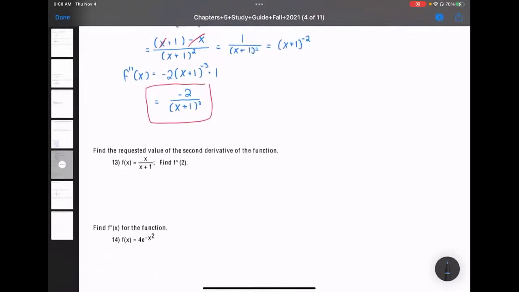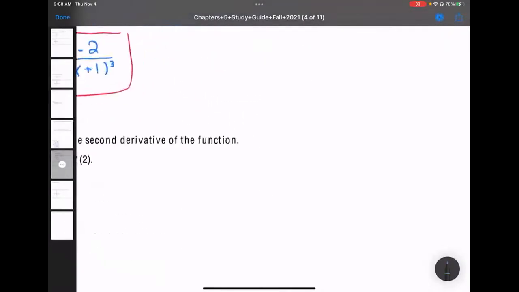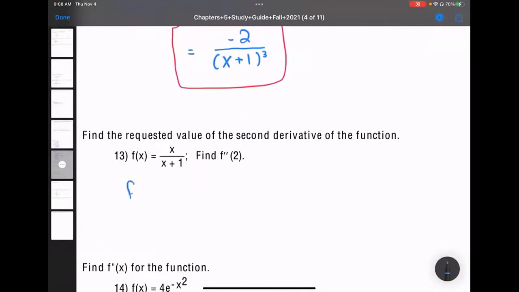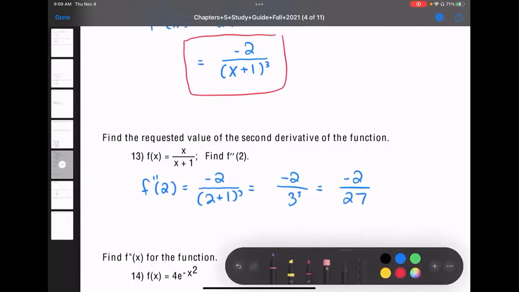So the double derivative we've already found. We're just going to plug it in. Okay, so we have -2 over (2 plus 1) cubed, which would be -2 over 3 cubed, which is simply -2 over 27.